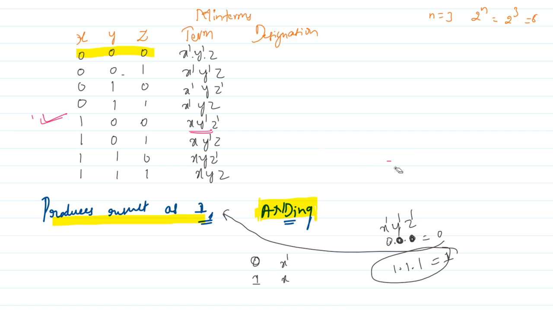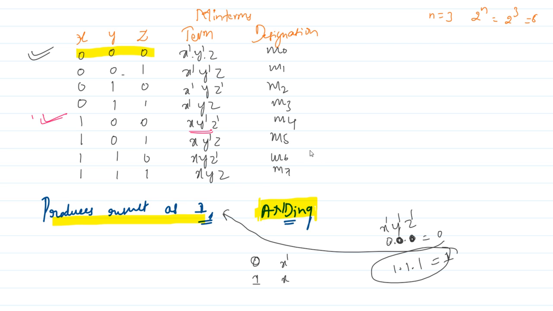What is the designation for these mean terms? It is very simple. The first combination, where values are all zeros, is nothing but mean term 0. This is mean term 1. This is mean term 2. This is M3 or mean term 3, mean term 4, mean term 5, mean term 6, mean term 7.